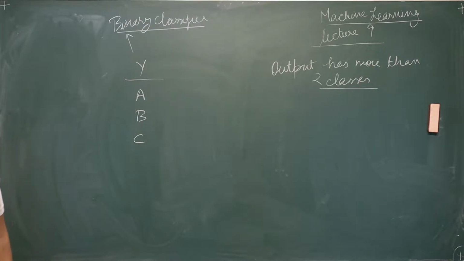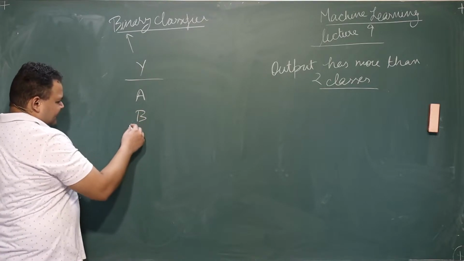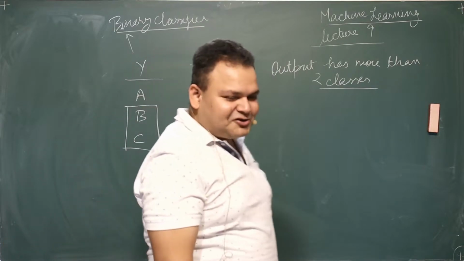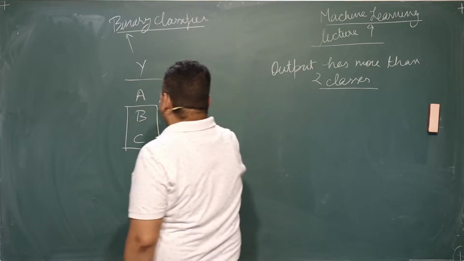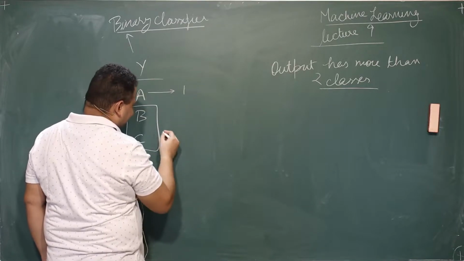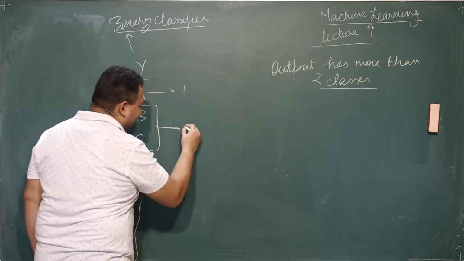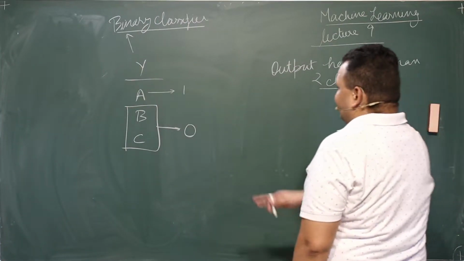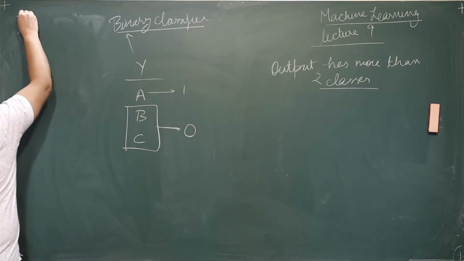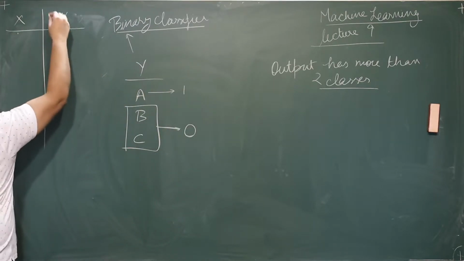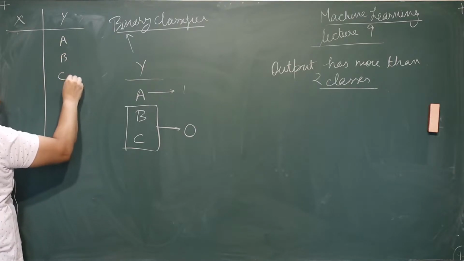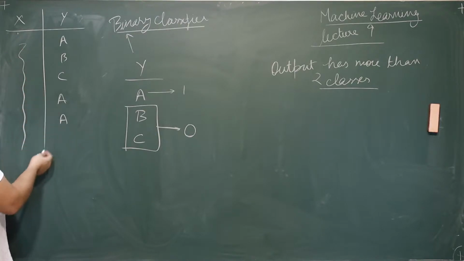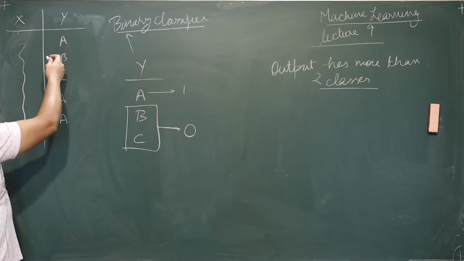So what we do? We first consider A to be one class. So A becomes your, let us say, 1, and B and C become your 0. If my data set has some x and some y, corresponding to each of these x's you have either a, b, or c.